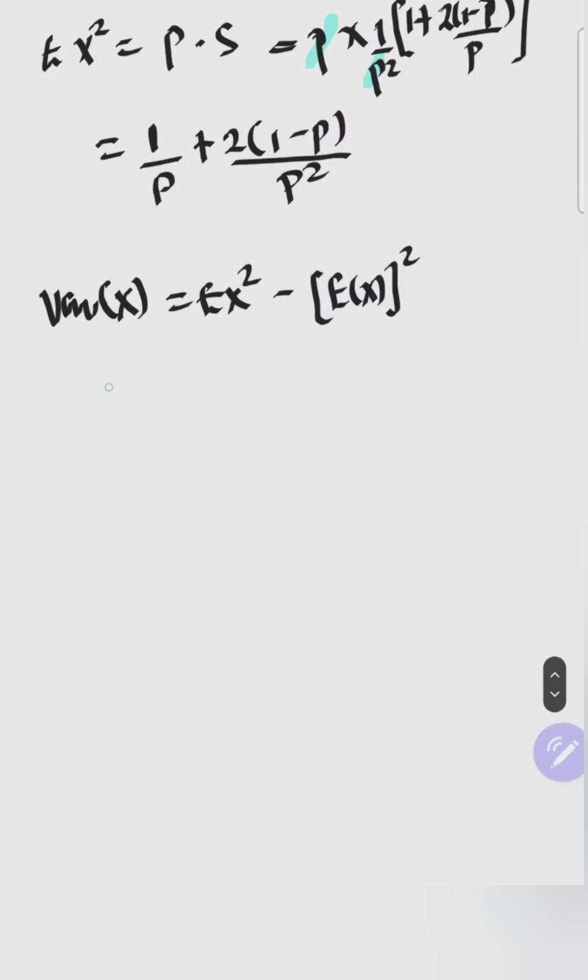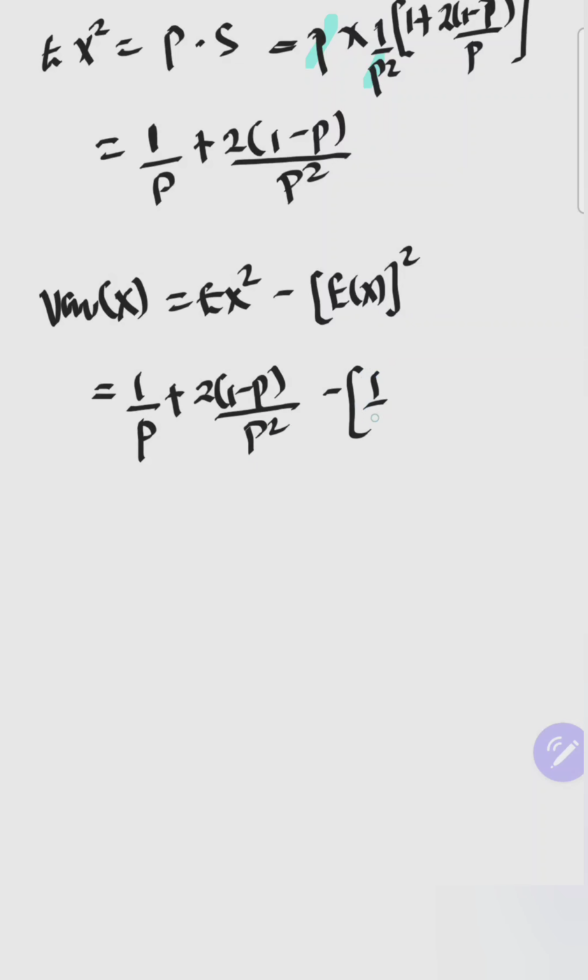So the expectation of X squared is 1 over p plus 2(1 minus p) over p squared, minus 1 over p, all squared.